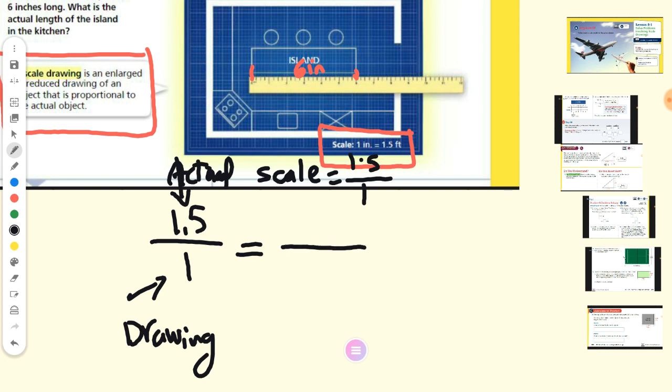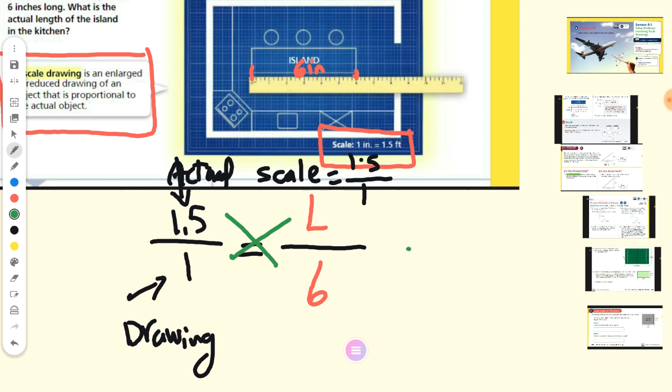I know the length in drawing, which is 6, but I don't know the length in actual life. So we can put L and use cross multiplication.